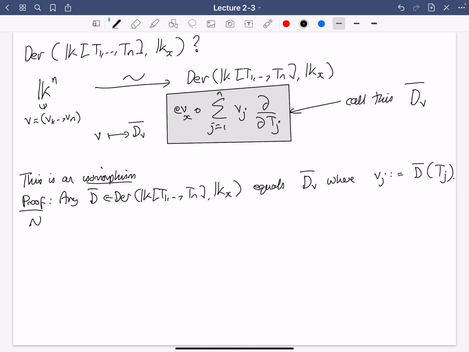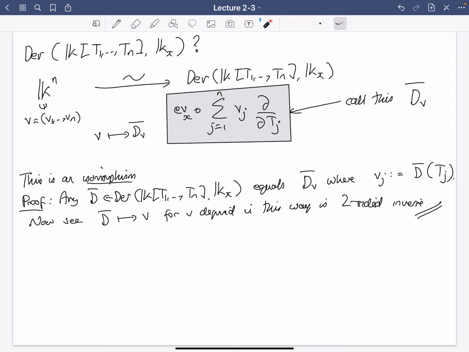And so now you just easily see that the map sending d bar to v, for v defined in this way, is a two-sided inverse. So this is kind of easy. Okay, so at the heart of the argument is this observation that a point derivation is uniquely determined by what it does to the tj's because it satisfies this modified Leibniz rule. Okay, great.